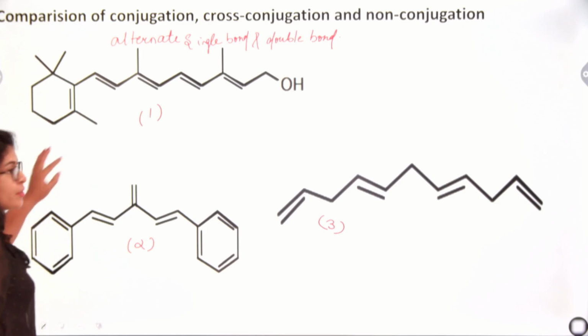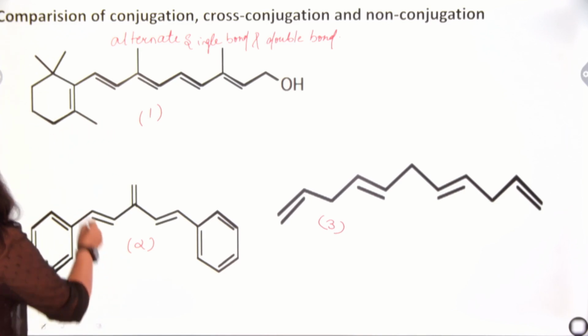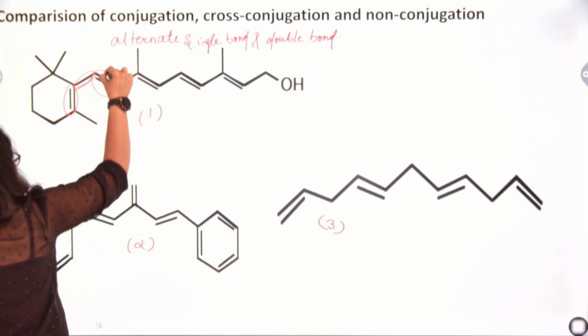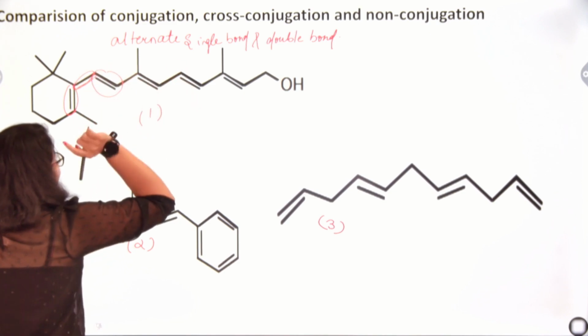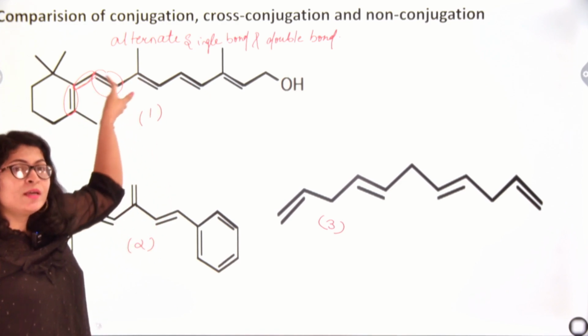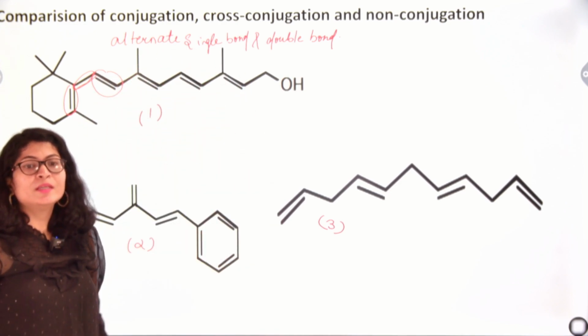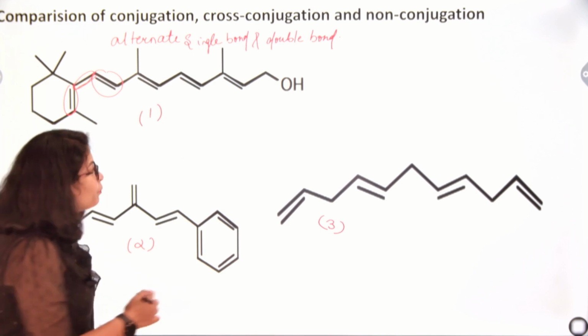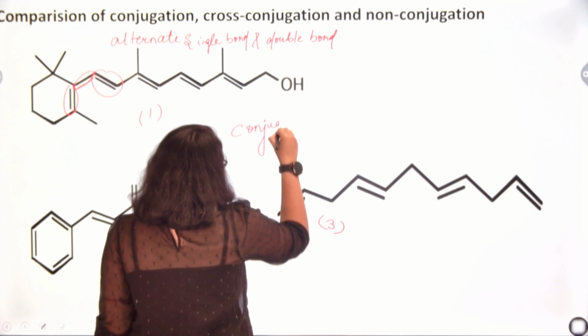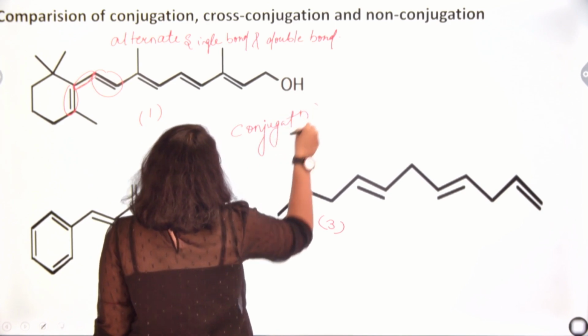If I look at this structure, I have one double bond, then single bond, then double bond, single bond, double bond, single bond, double bond, and so on. So here there is alternate single and double bond. That means this is a case of conjugation, so here resonance is possible.